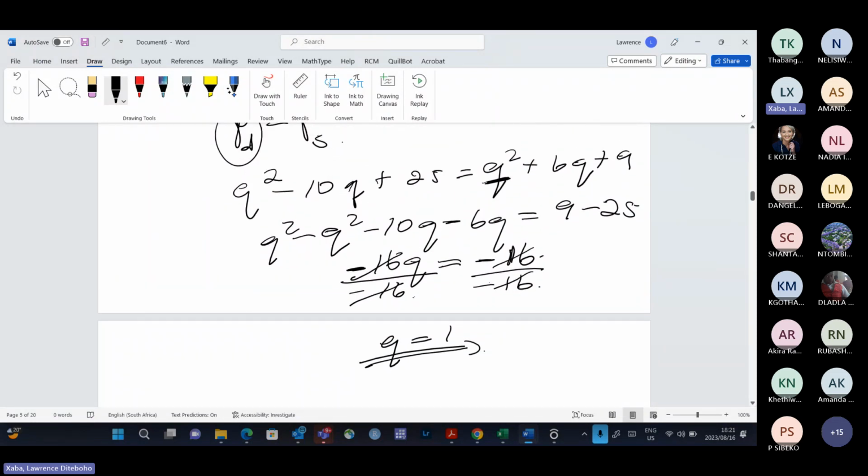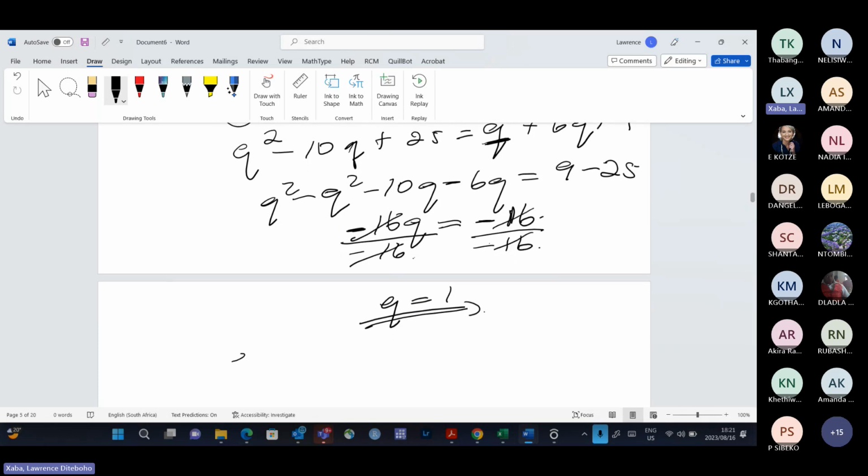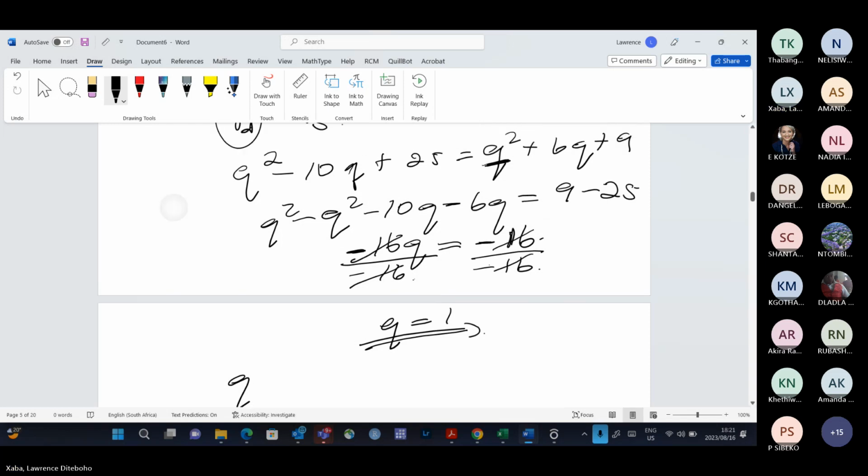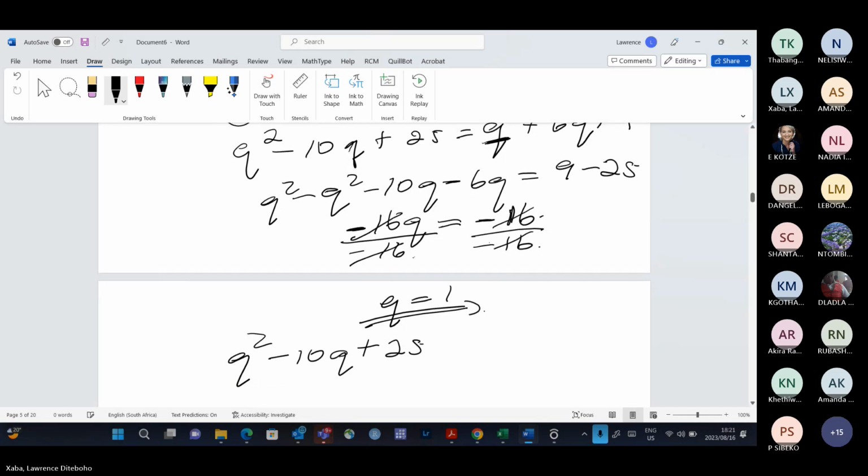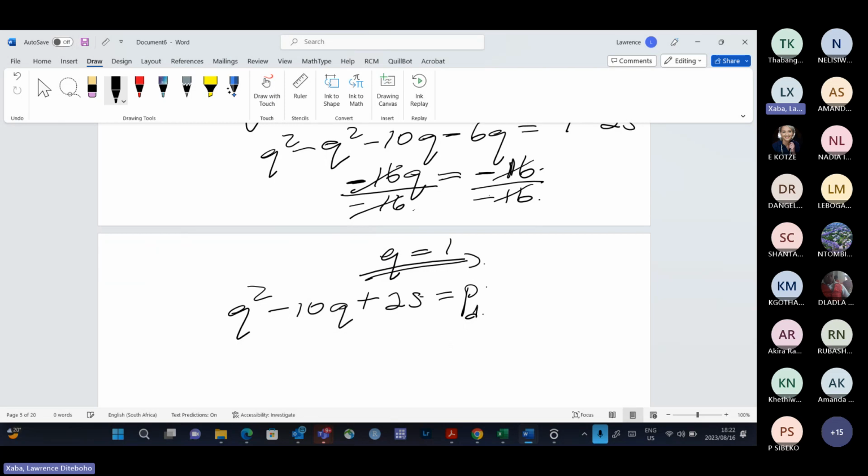I will take the first equation of demand, just to check whether we are going to get the same value: Q squared minus 10Q plus 25 equals P subscript D. We said Q equals 1 when calculating our equilibrium value for Q. So we take this 1 and substitute it into this equation.